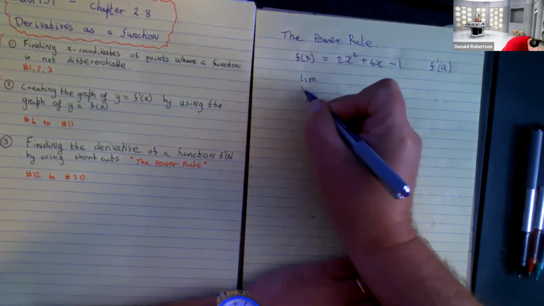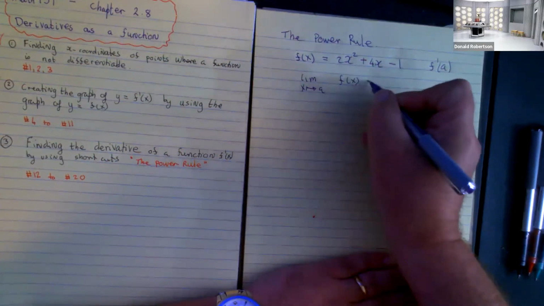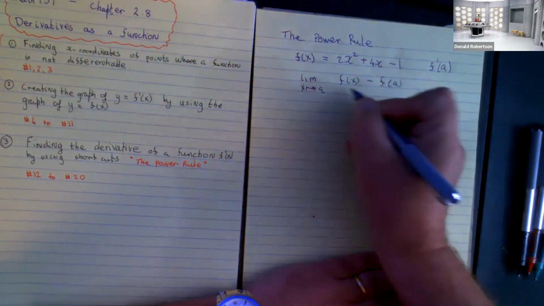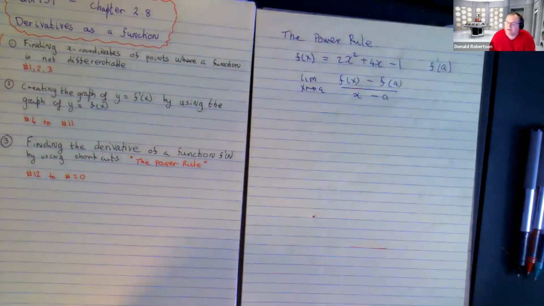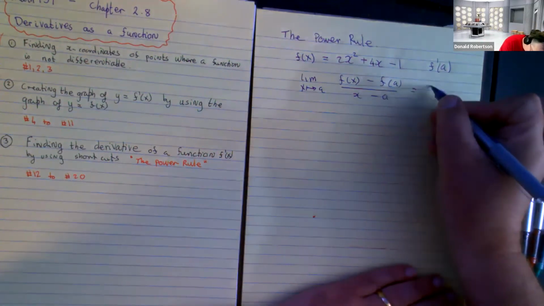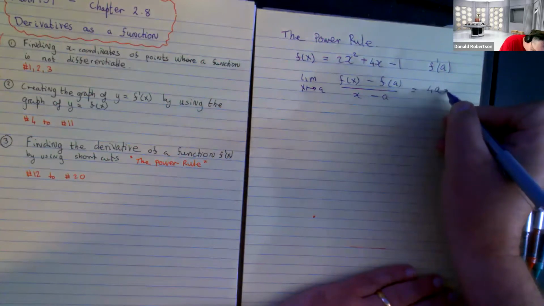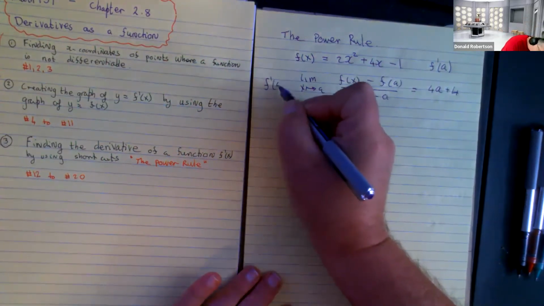Let's suppose we decided to do it using that. After somewhere between 5 and 10 minutes of messy algebra, you eventually get the answer, and the answer happens to be that. And we call this f dash of a.